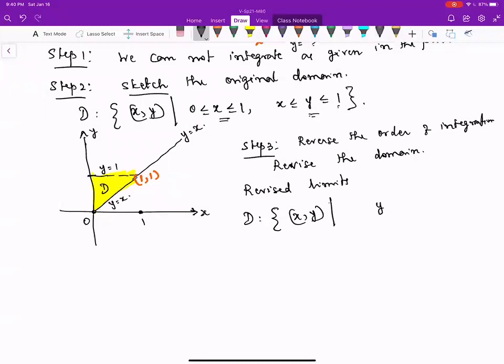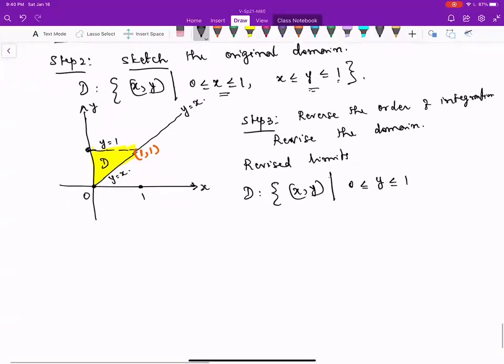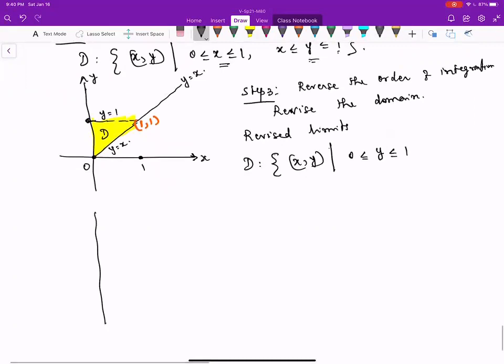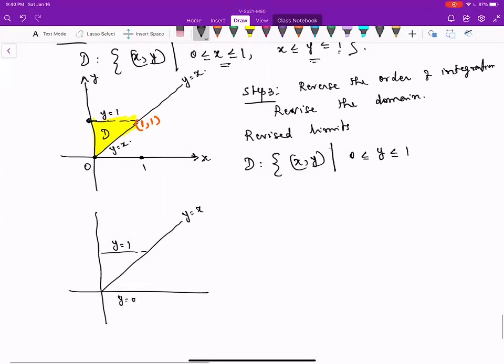y should be fixed. So y runs from 0 through 1 here. Here y equal to 0 is the x-axis. So now I'm changing y equal to 0 to 1, but I should still be in this domain, so I have to change the limits for x.